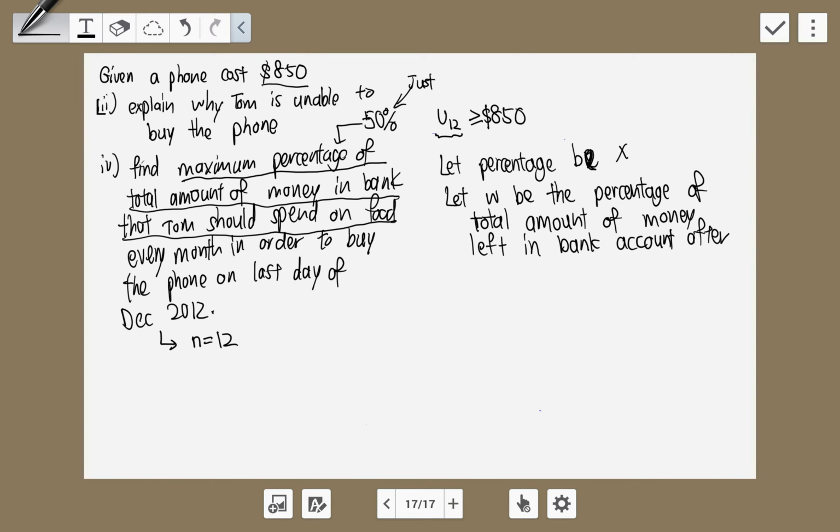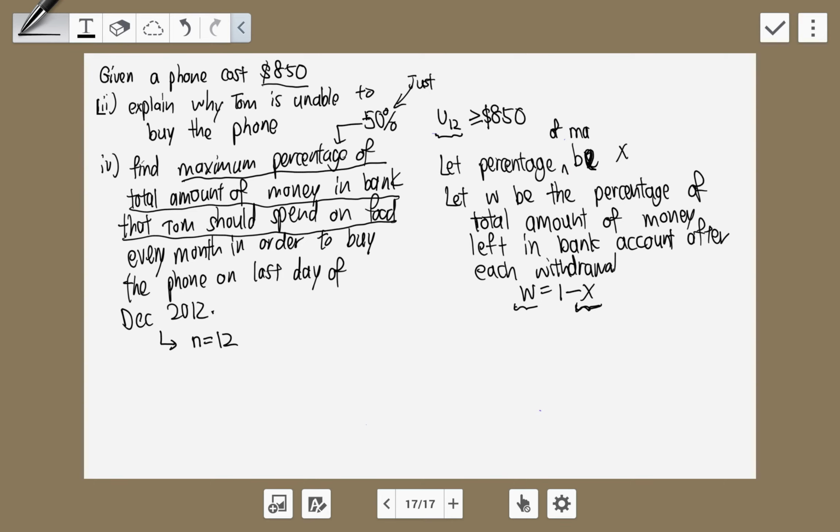After each withdrawal, that means my w is just equal to 1 minus x, because if I withdraw 50%, the total percentage of money left will be 50%.